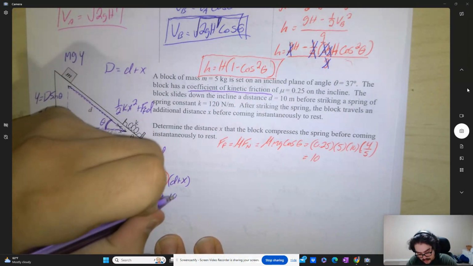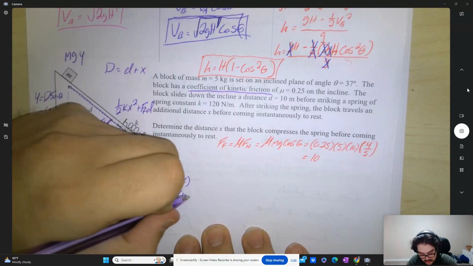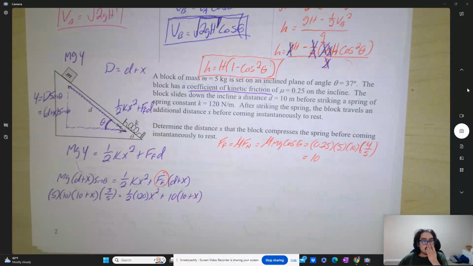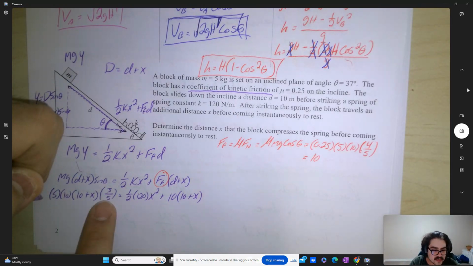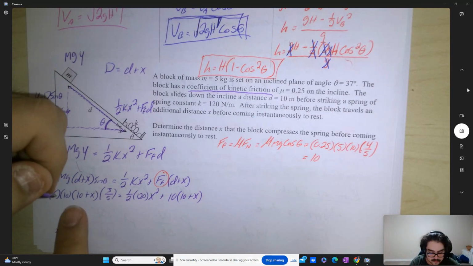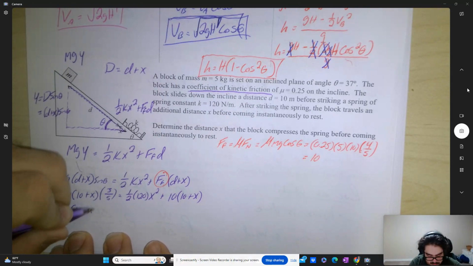10 times (d plus x), where lowercase d is 10, and then we don't know what x is. You're going to see that I'm going to have to make a lot of simplifications here. 5 times 10 is 50, times 3/5 is 30. So this becomes 30 times (10 plus x).